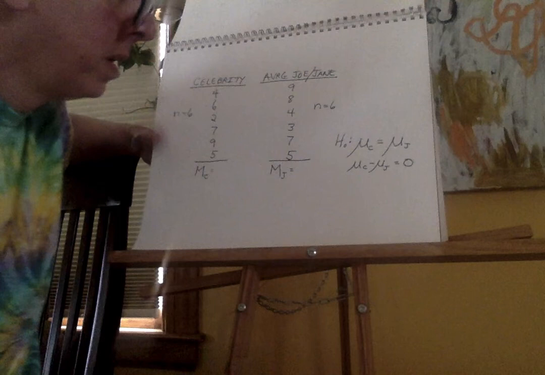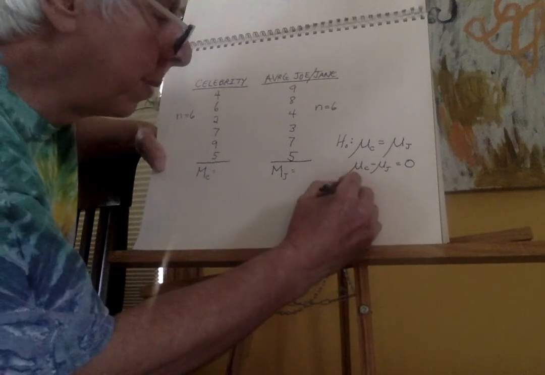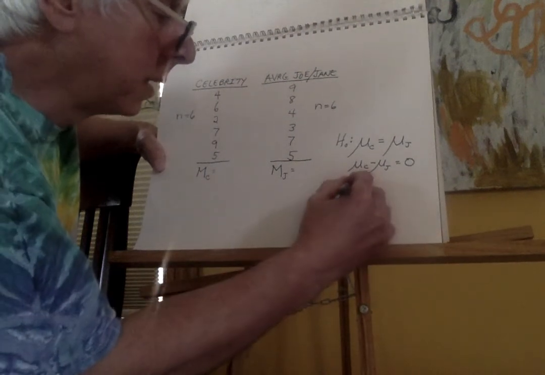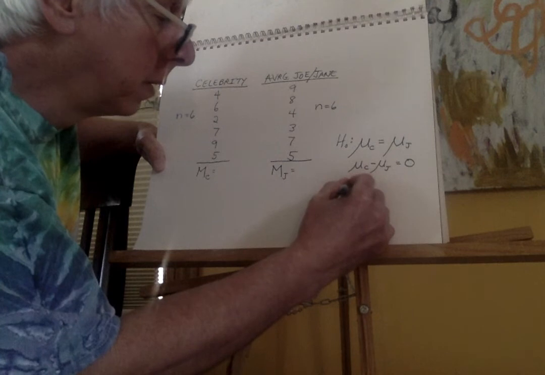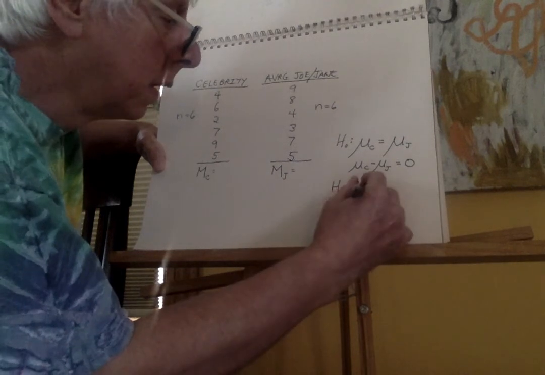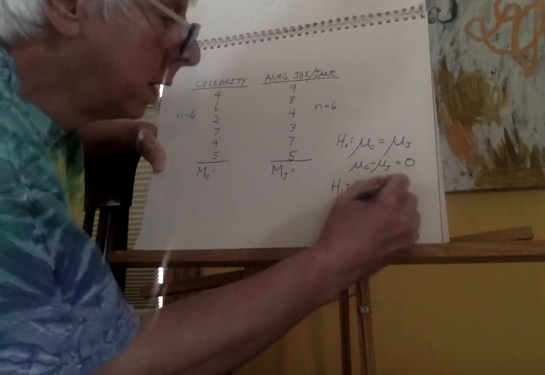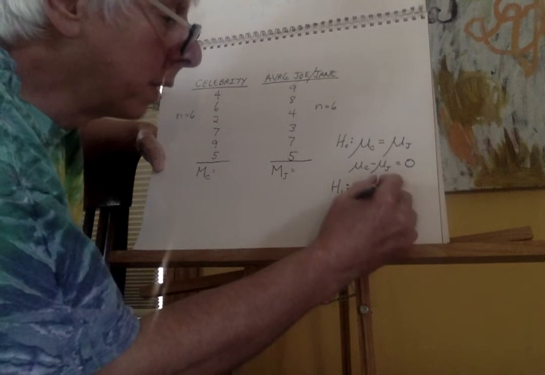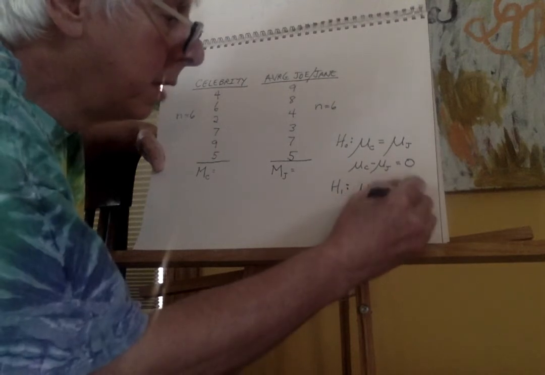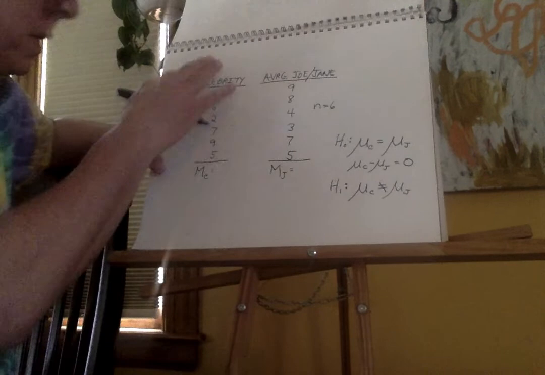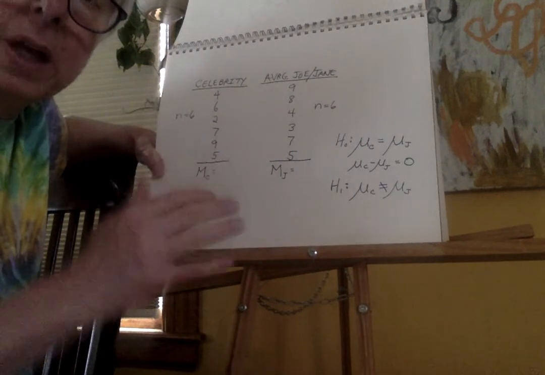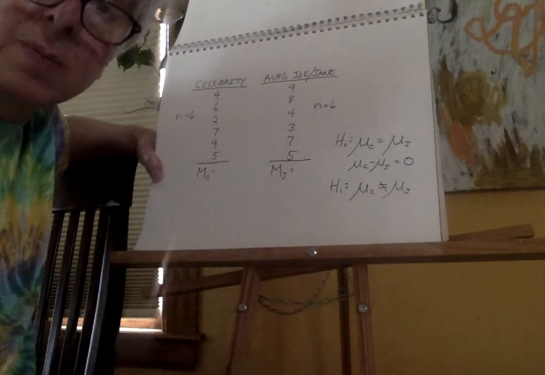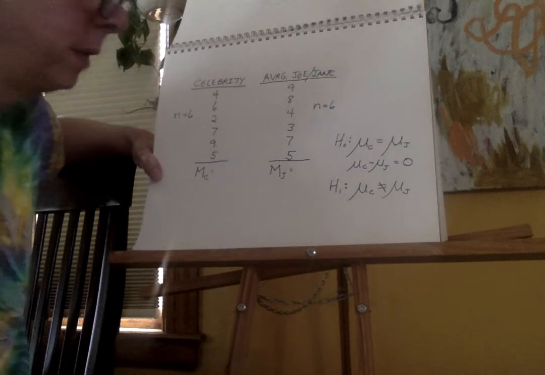Everybody with me? What would the alternative hypothesis look like? Well, what I'm saying there is for the celebrity endorsed product, we're going to see different numbers than for the Joe. These numbers represent how likely you are to buy it, right? The higher numbers mean more likely. Okay?